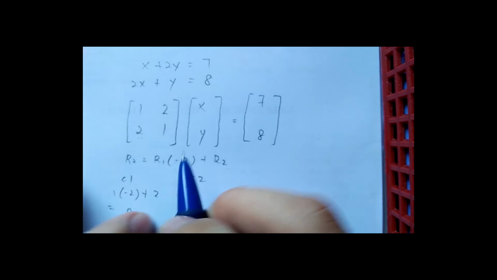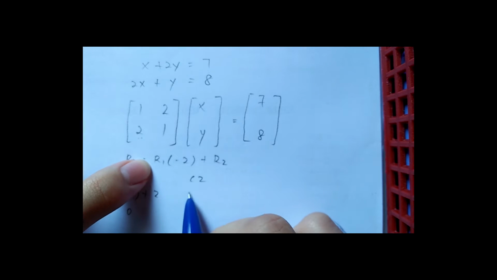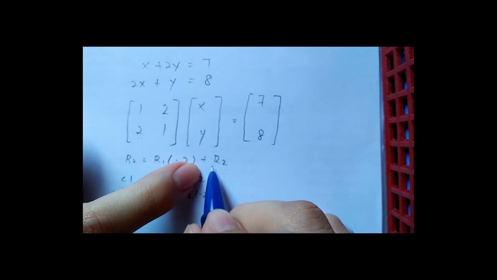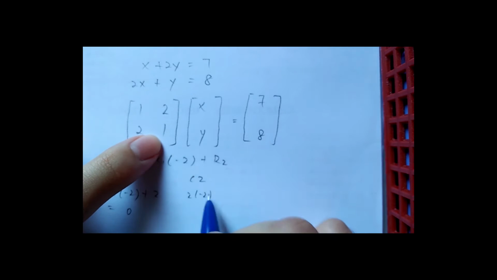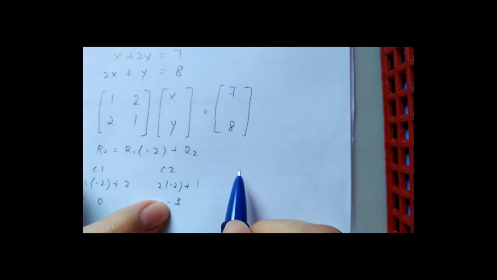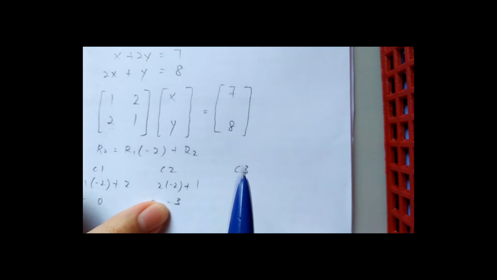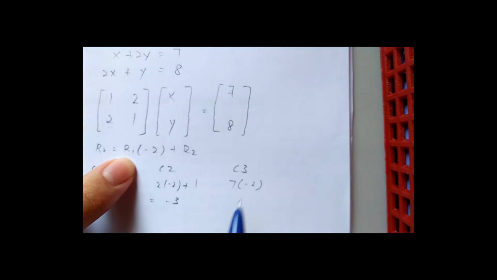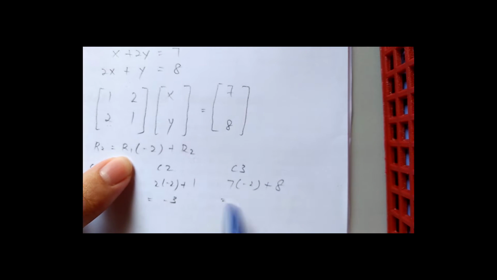Column 2: row 1 is 2 times negative 2 plus row 2's 1, so the answer is negative 3. Column 3: row 1 is 7 times negative 2 plus 8, so the answer is negative 6.